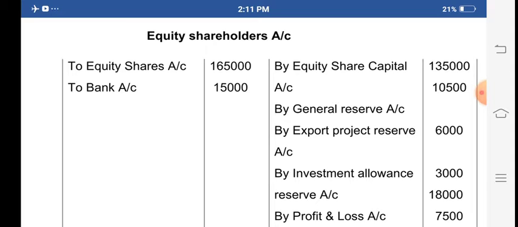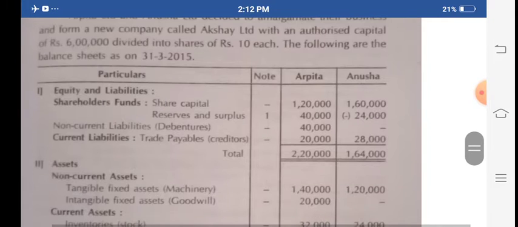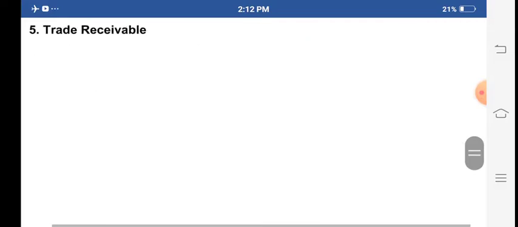By equity share capital account 1,35,000, by general reserve account 10,500, by export project reserve 6,000, and by investment allowance reserve 3,000. Like this you have to take all these things.